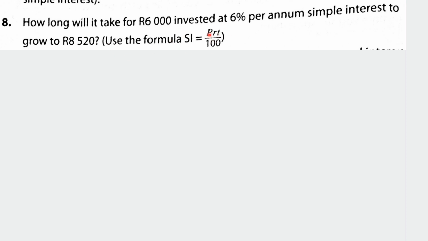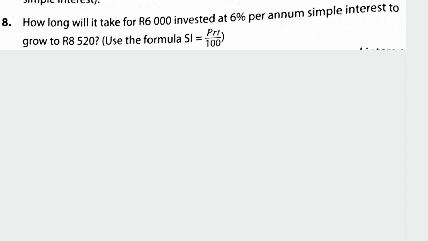Okay, so you remember the simple interest equation, we used it in the previous question. Now in this case, the principal amount is 6,000, and this 6,000 earned a certain interest and then it became 8,520. So we want to know what interest it earned.